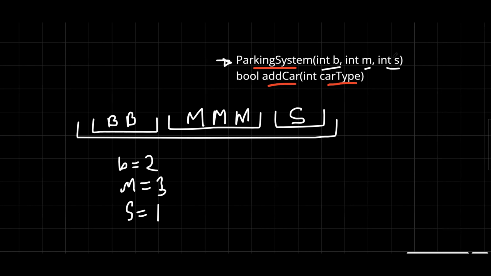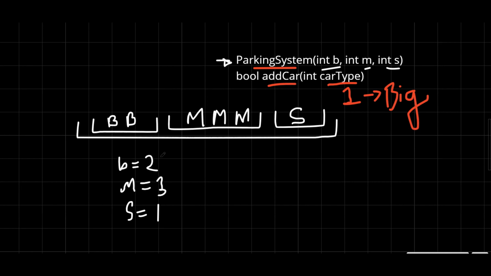Suppose the car type is 1. Here 1 represents the car which is big. Now we have to check whether we can place a big car into our parking system or not.